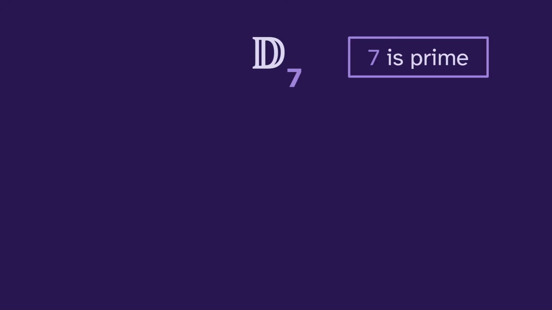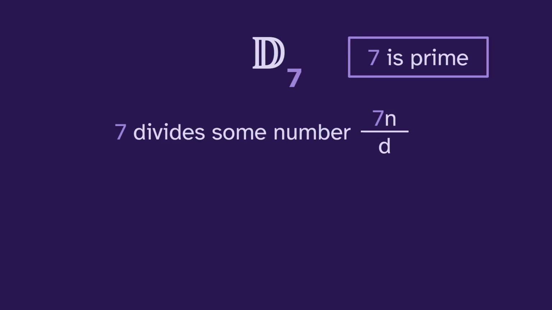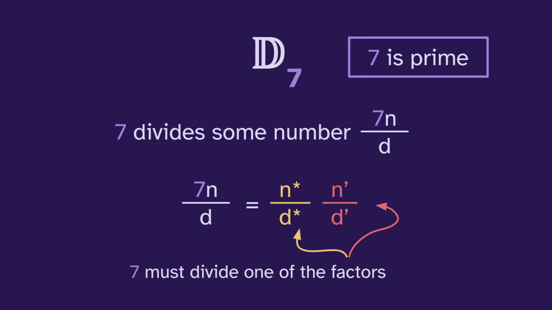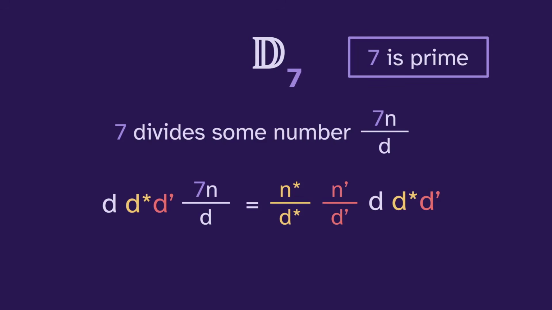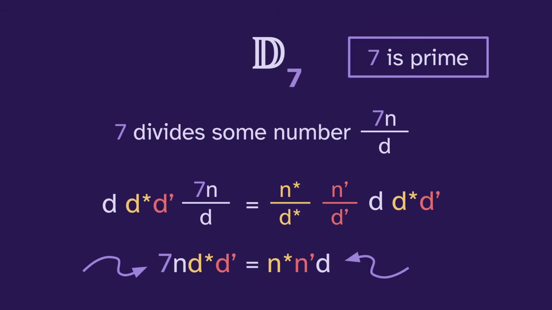Now let's apply this to D7 to show that 7 is prime. Let's say 7 divides some number, 7 times the numerator and denominator. If that number is factored into 2 new numerators and denominators, then if 7 is prime, it must divide one of the factors. To show that it does, let's multiply both sides by all 3 denominators and cancel, and we now have just integers. 7 divides the left, so it must divide the right.